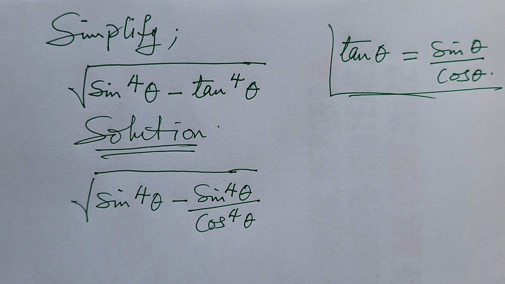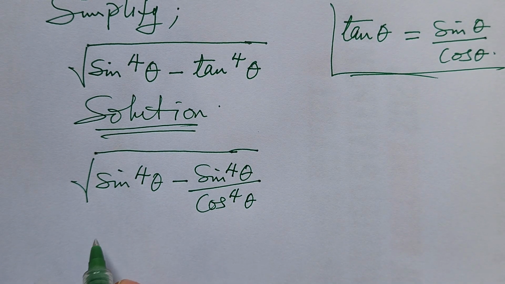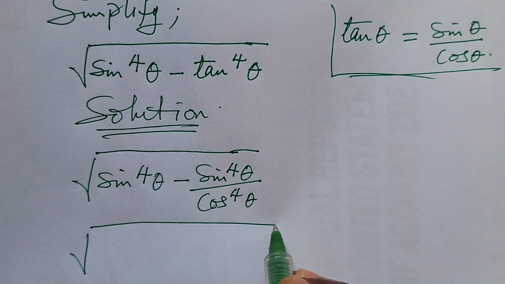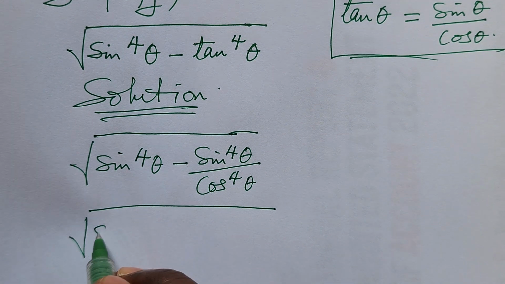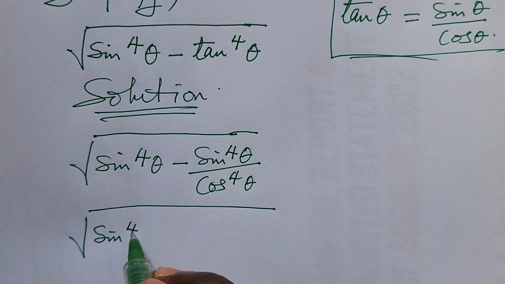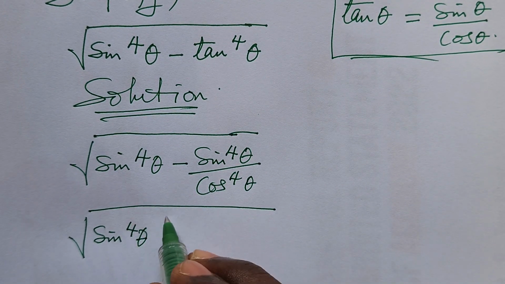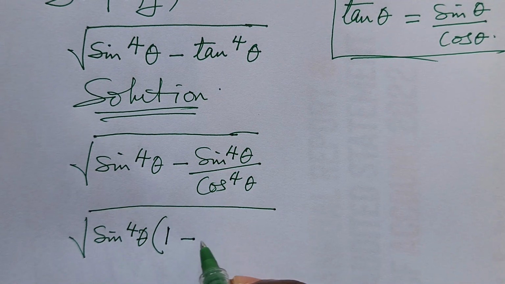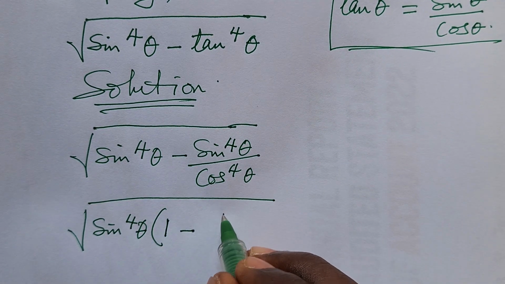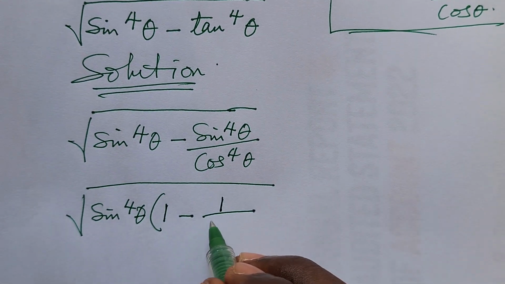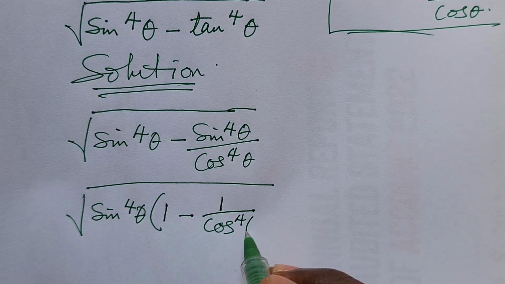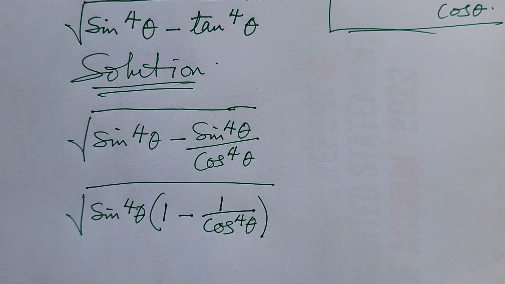How do we do that? Very easy. So if we do that, this is going to give us the square root of sine to the power of 4 theta, then bracket 1 minus 1 all over cos to the power of 4 theta, close bracket.